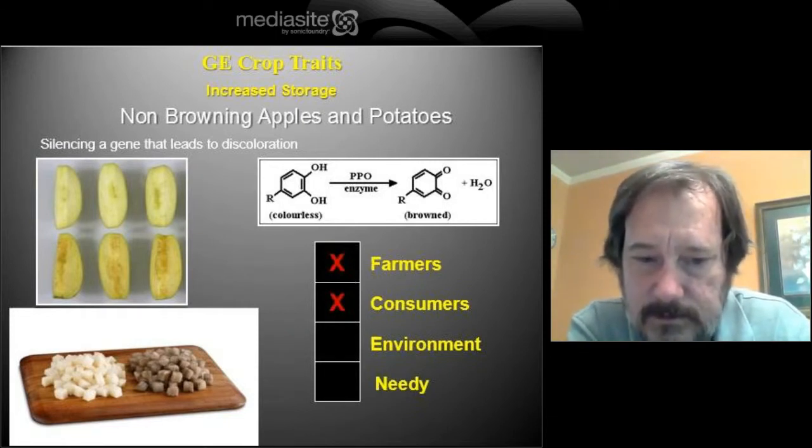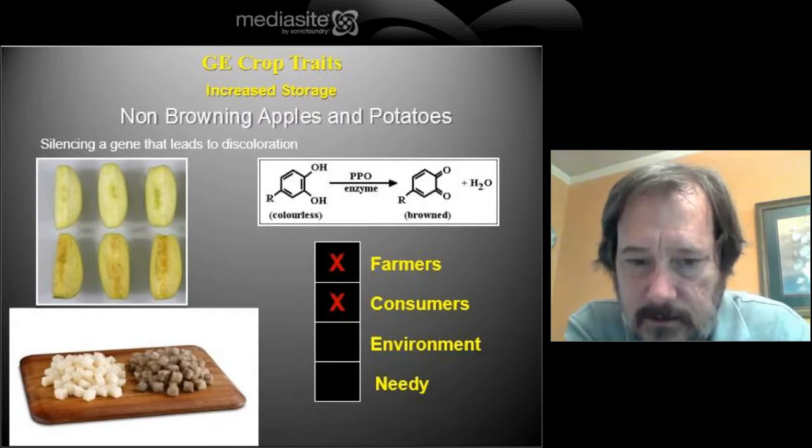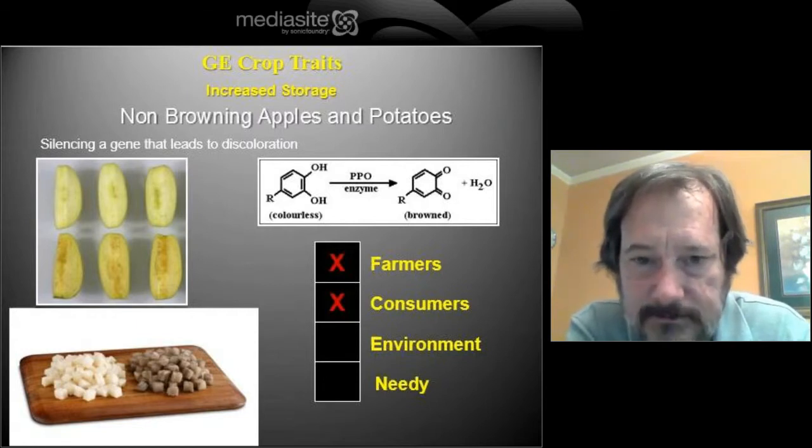This is really silencing a gene within apples to reduce the particular enzyme's activity, so that the apples don't brown. And the guy, Neil Carter, is the chairman of the company that developed this, and he's a farmer in Canada with a very small company, less than 10 people in the company, and he's a really interesting guy.